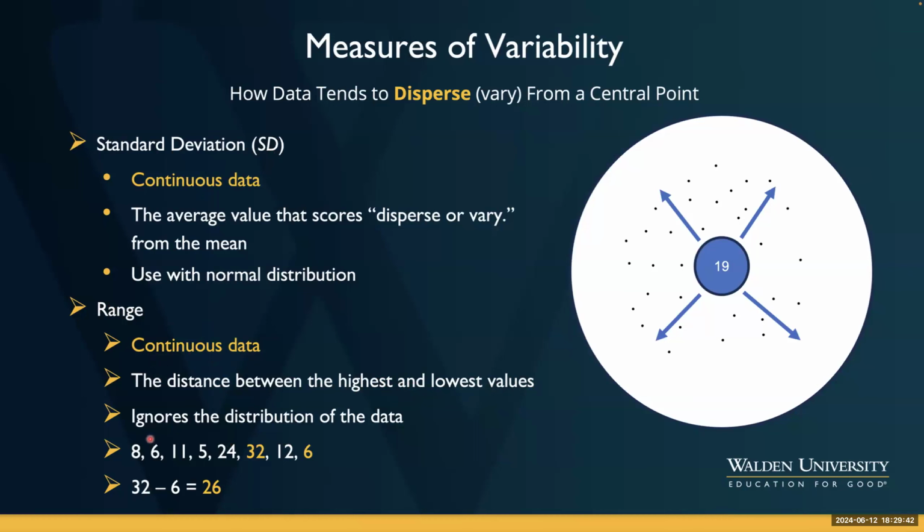It ignores the distribution, so you're not worried about whether it's a normal distribution. If the lowest value I had was a 6 and the highest I had was a 32, the range was 26, okay? And the beauty of this is that SPSS does all of this for you. You just have to start getting an understanding of what these concepts are once you look at the output, okay?